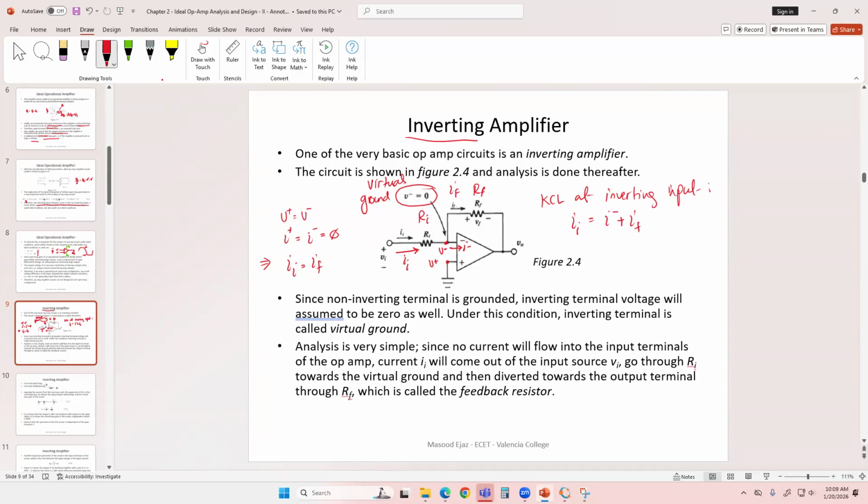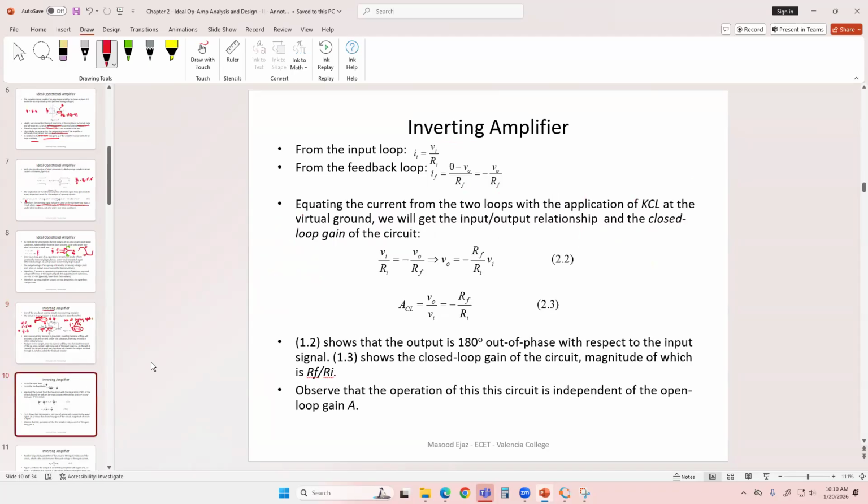But since I negative is 0, that means I input is equal to IF. So this current and this current are going to be equal to each other because there is no current flowing into the operational amplifier. And that derivation is shown over here.